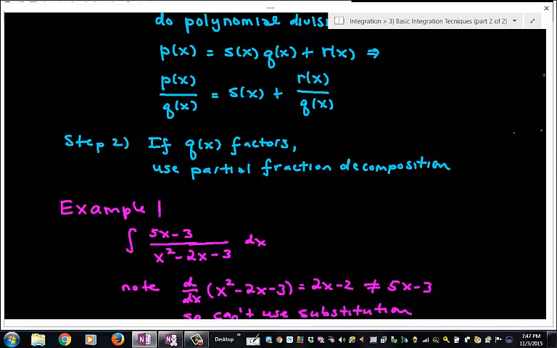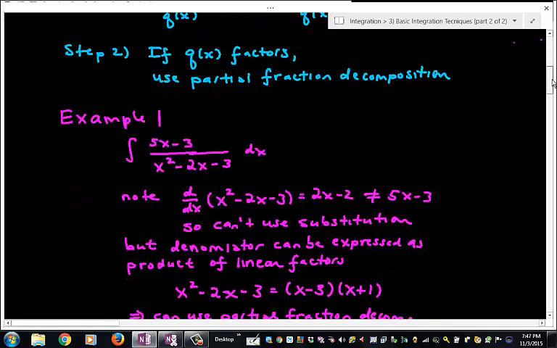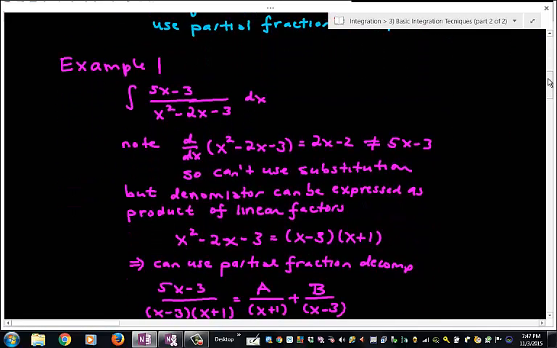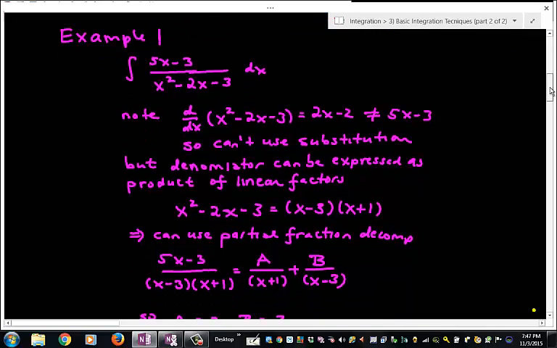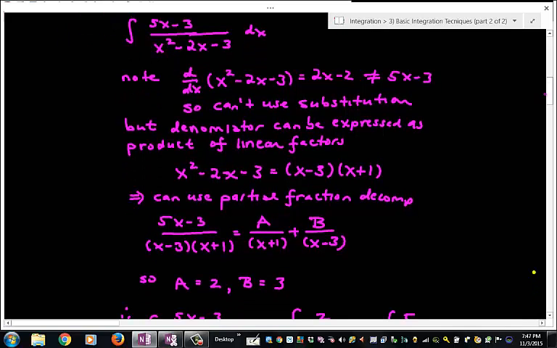So we go ahead and we factor the denominator, and we go ahead and set up the partial fraction decomposition. And we can do the cover-up method. You can do this a number of different ways.